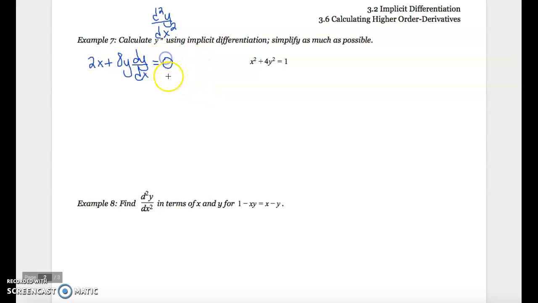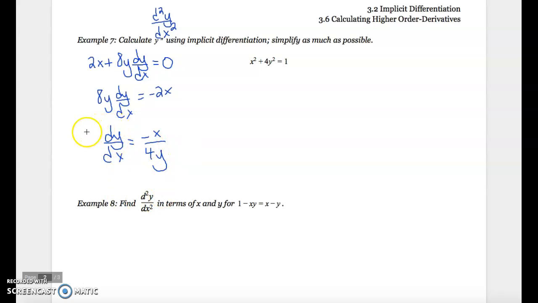Derivative of 1 is 0. And so then we'll get 8y dy/dx equals negative 2x. Divided by 8y on both sides, so dy/dx equals negative 2x over 8y, which is negative x over 4y. So that is my first derivative.